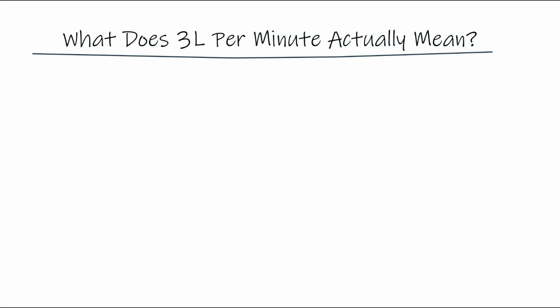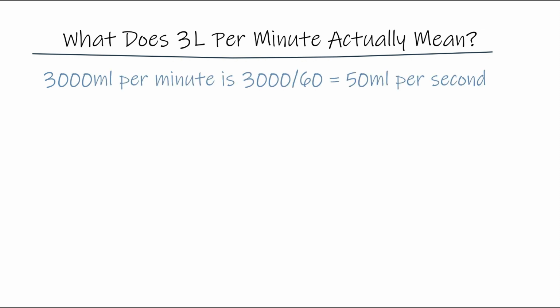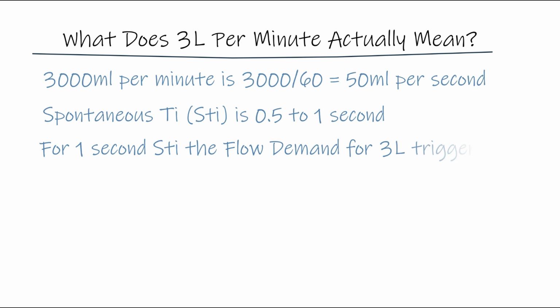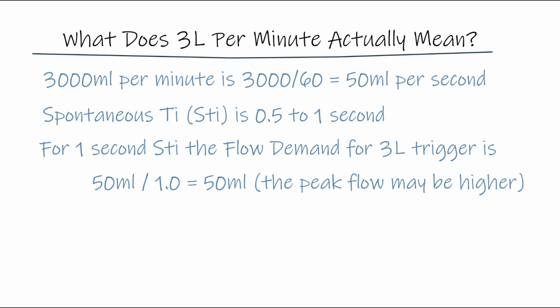What does 3 litres per minute actually mean? Well, it means 3,000 mils per minute, or 3,000 mils every 60 seconds is 50 mils per second. If the patient's spontaneous inspiratory time is somewhere between 0.5 and 1 second, for a 1 second spontaneous inspiratory time, the flow demand for a 3 litre trigger is 50 divided by 1, or 50 mils.